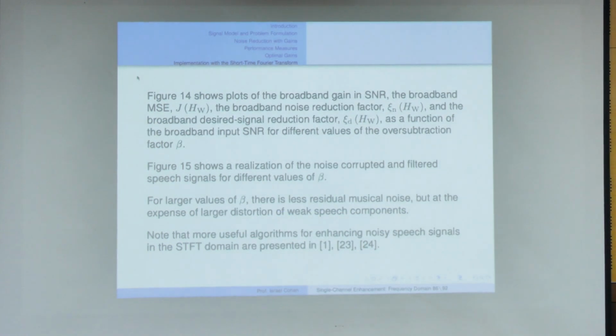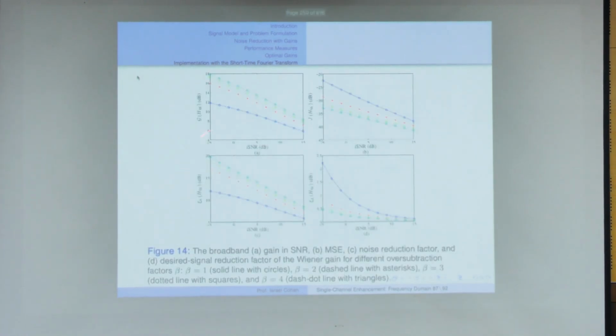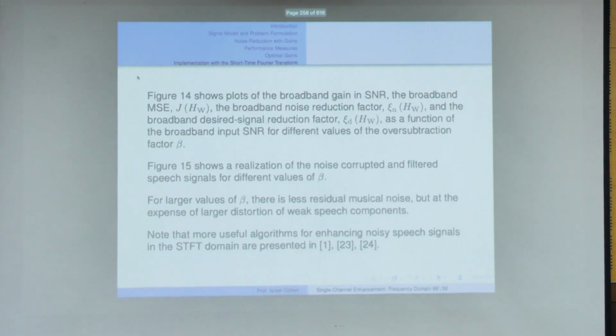Also the spectrogram. Here we see the gain in SNR, the MSE, the noise reduction factor, and the desired signal reduction factor. For a noisy signal, let's see what the noisy signal is. I added some noise.